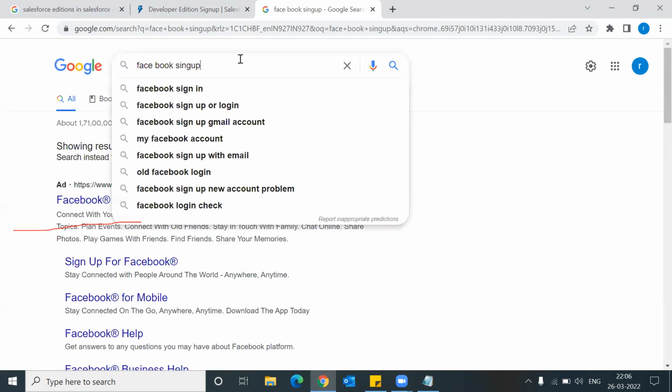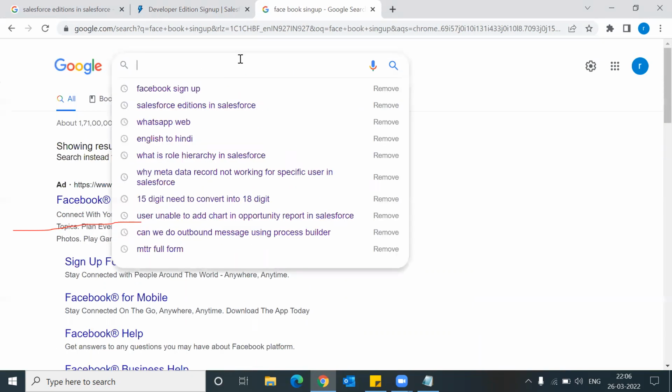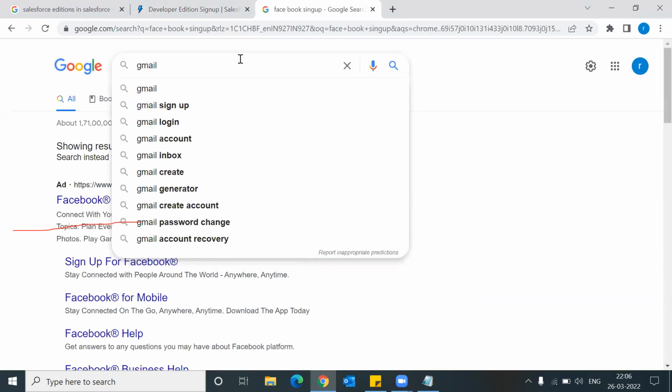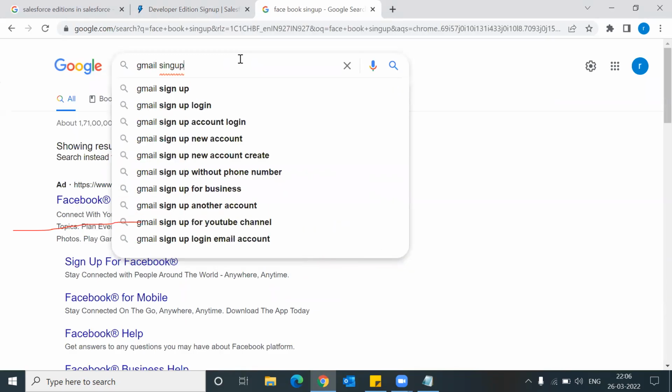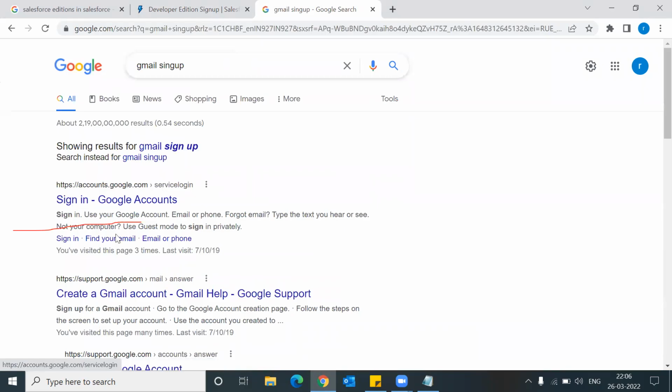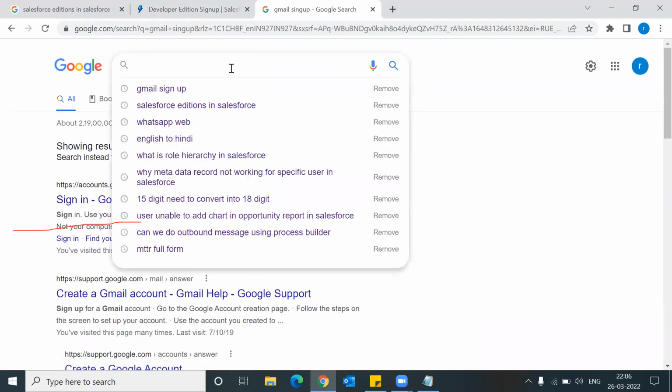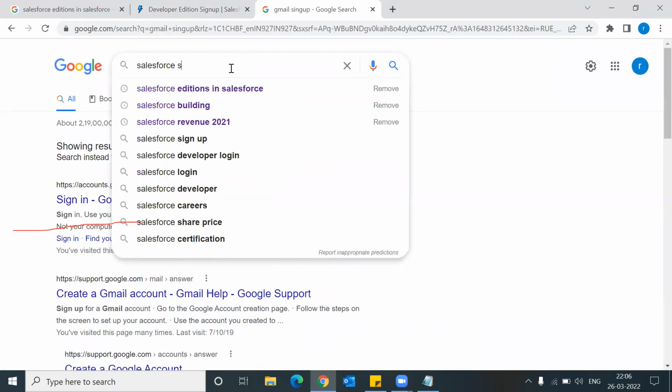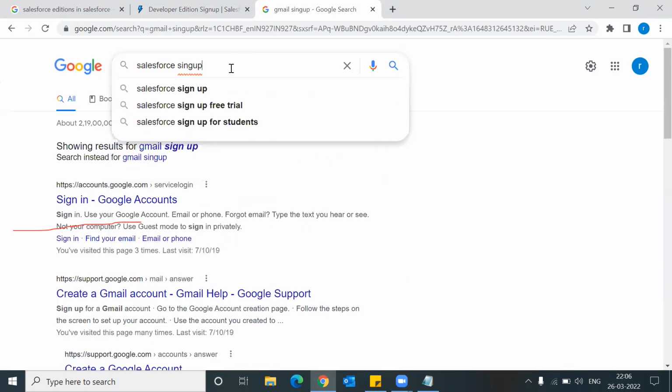Same thing for Gmail sign up. In the same way, Salesforce sign up is very similar. But Facebook is a social media application, and Salesforce is a CRM application.